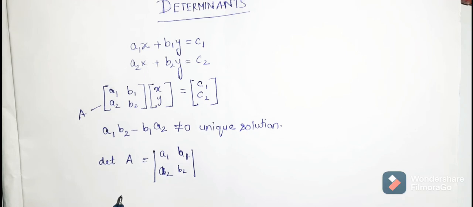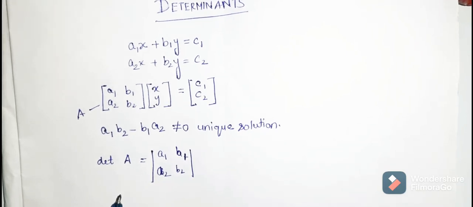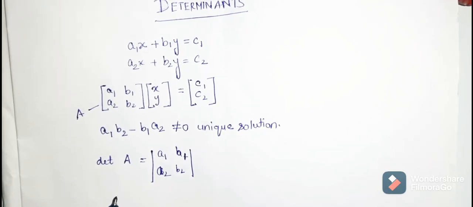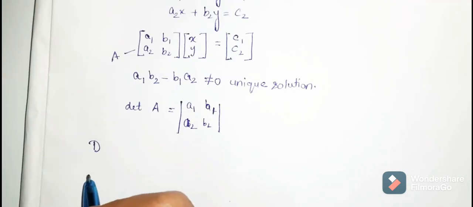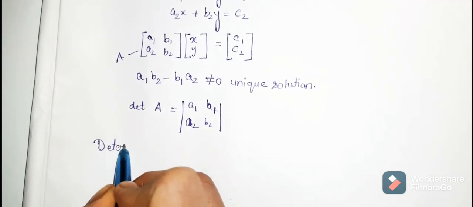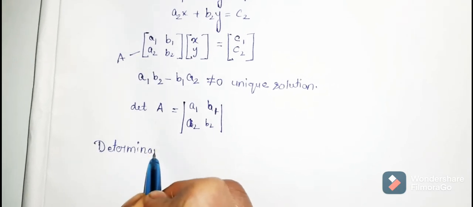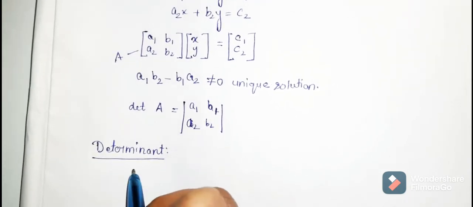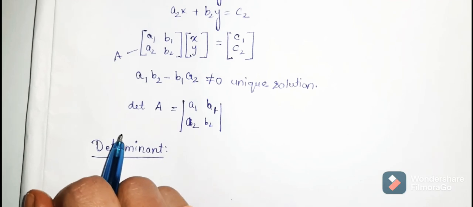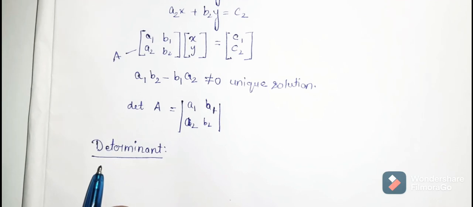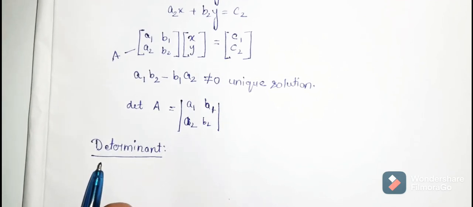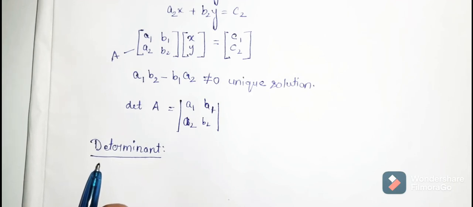Determinant has many applications in your daily life, engineering, science, social science, etc. And the very first thing we have to know about determinant is that only for those matrices you can find out the determinant which are square matrices.